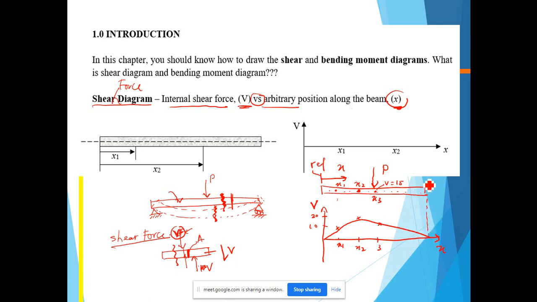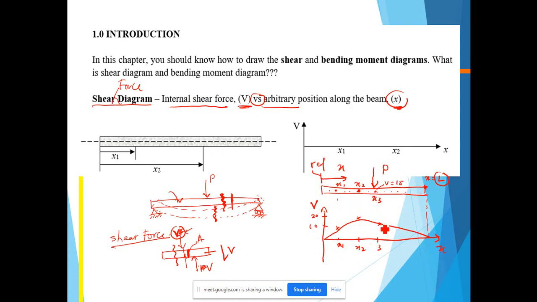This is the point where x equals L, where L is the overall length of the beam. So this is the shear force diagram, V versus x.